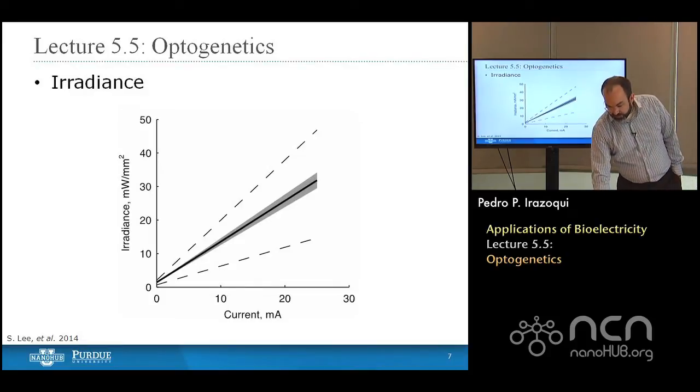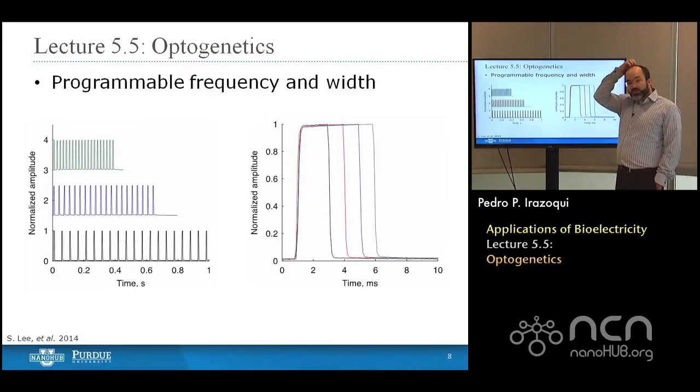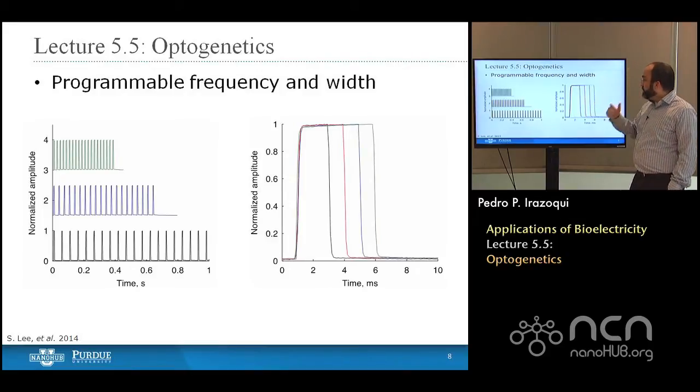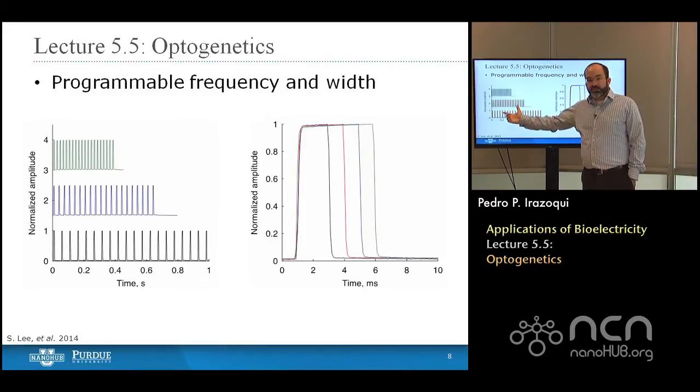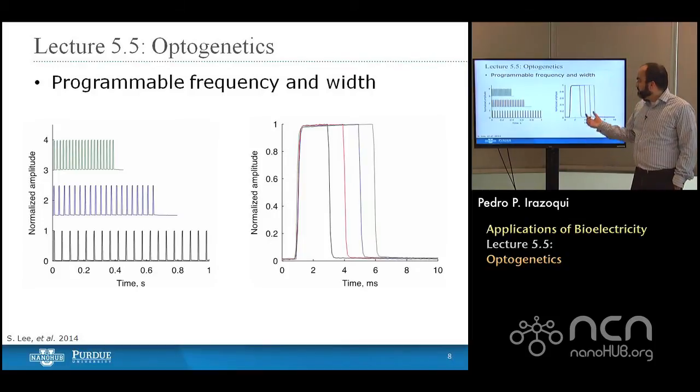Once we've done that, we can program two different parameters into the device. We can program the frequency of the stimulus pulses, and we can program the pulse width of these stimulus pulses.